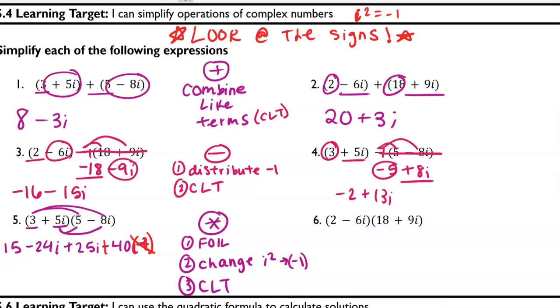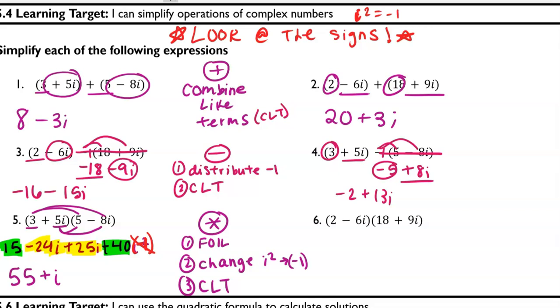If it's negative, now it's positive. If it's positive, now it's negative. And now we can combine the 15 plus 40, and 15 plus 40 is 55. And then we can combine the other two, -24 plus 25. That just gives us 1i. And so we can just say i.